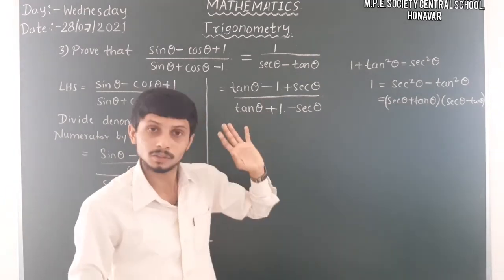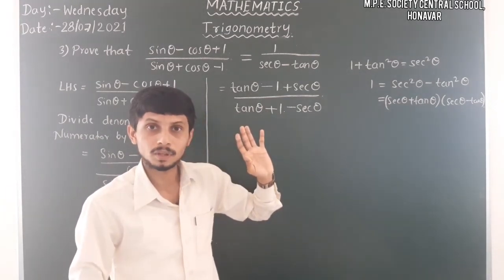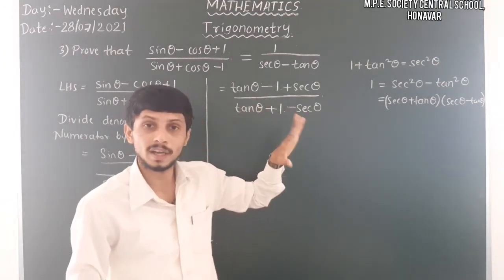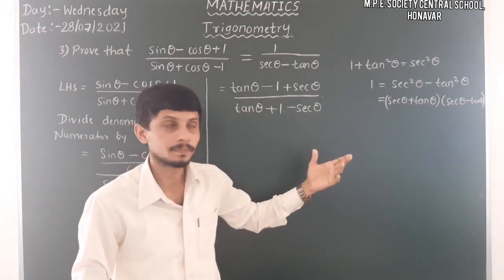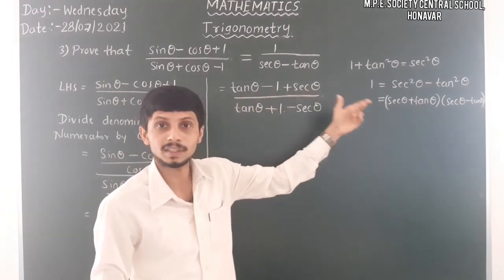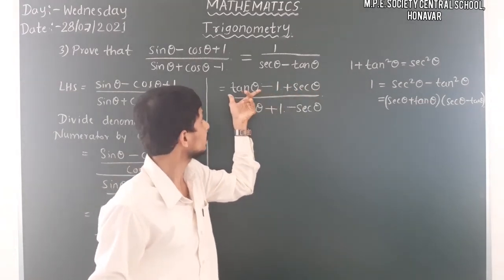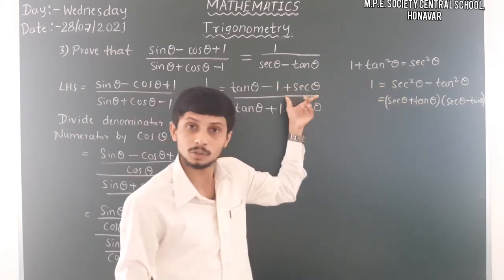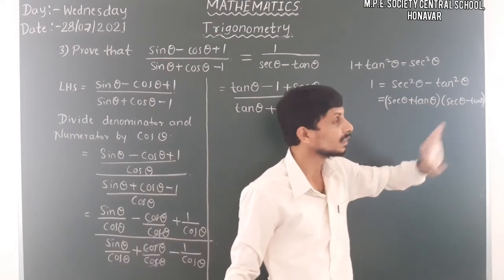But here there is minus 1 we have. Okay, so we have to move on to that later. We have to remove that one as well. So for that, firstly we have to convert it into our required form. That is, if you want to change tan theta and secant theta as 1, so you have to multiply the numerator with secant theta minus tan theta.